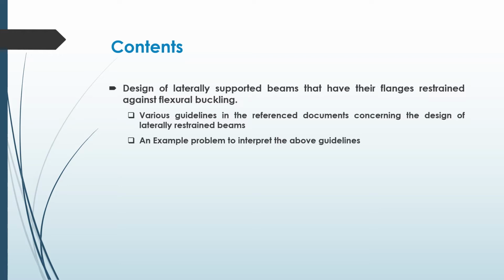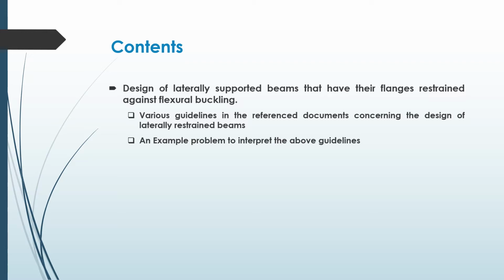This presentation is all about the design of laterally supported beams that have their flanges restrained against flexural buckling. Now, how to restrain a flange so that buckling is avoided? This is normally done in two ways: either I will provide a plan bracing, or I will make use of an RCC construction that will restrain the flanges against buckling.